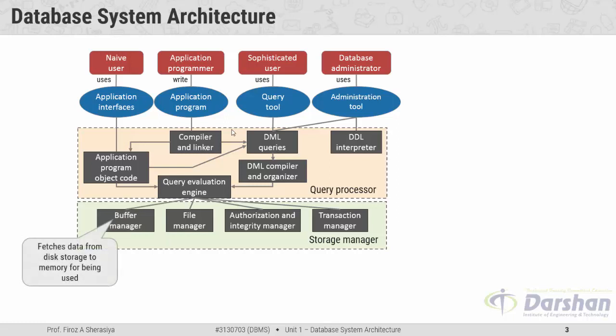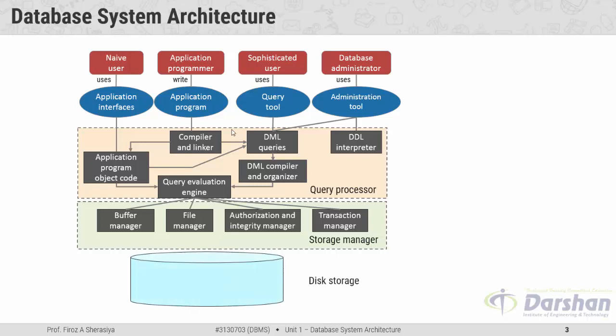The buffer manager will fetch the data from the disk to memory for being used. Whenever we want to perform some operation on data, the data must be fetched from disk storage to memory, and that is carried out by the buffer manager. So these are the various components of the storage manager.